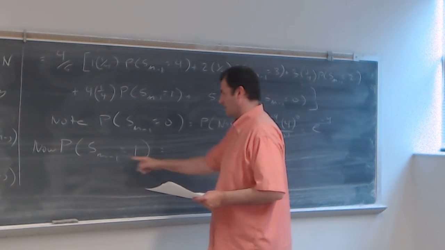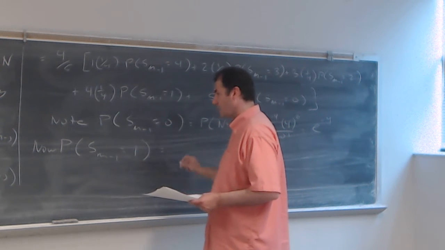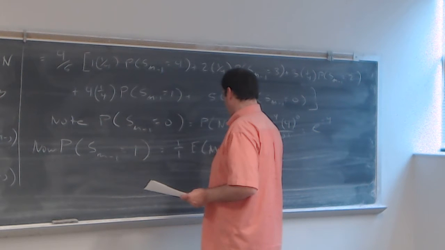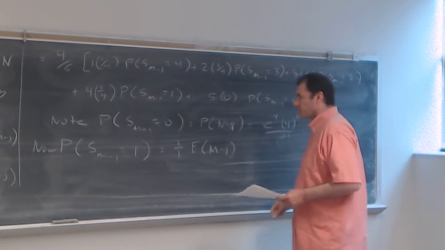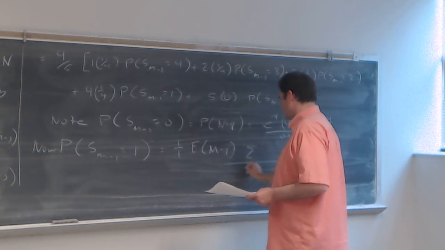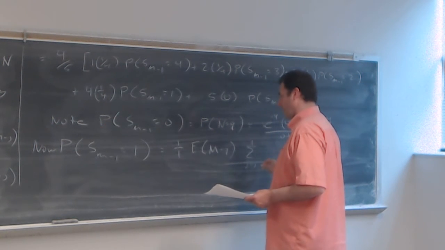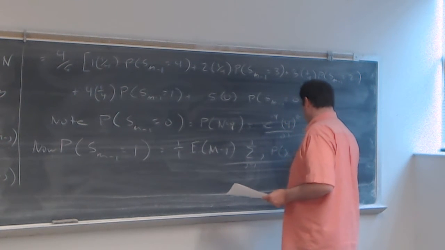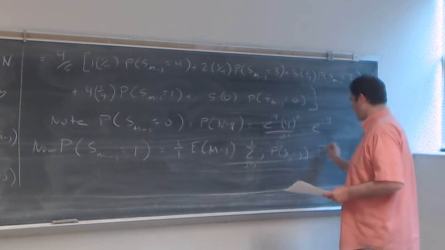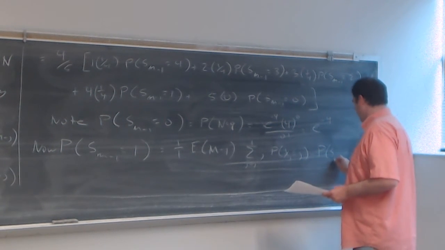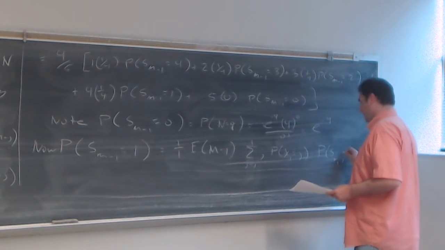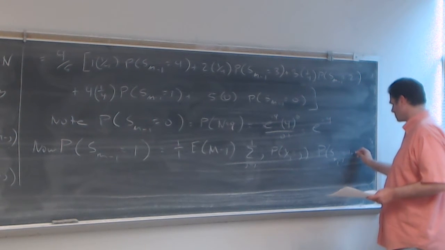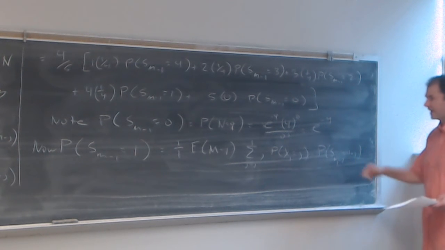The answer to this, okay, so this is an index, and what I would have is 1 over k, so that's 1, the expected value of M minus 1, times the sum as j runs from 1 to 1 of j times the probability X_1 equals j times the probability of S_{M_1-1} is equal to k, which in this case is 1, minus j. Okay, so that's what I have.